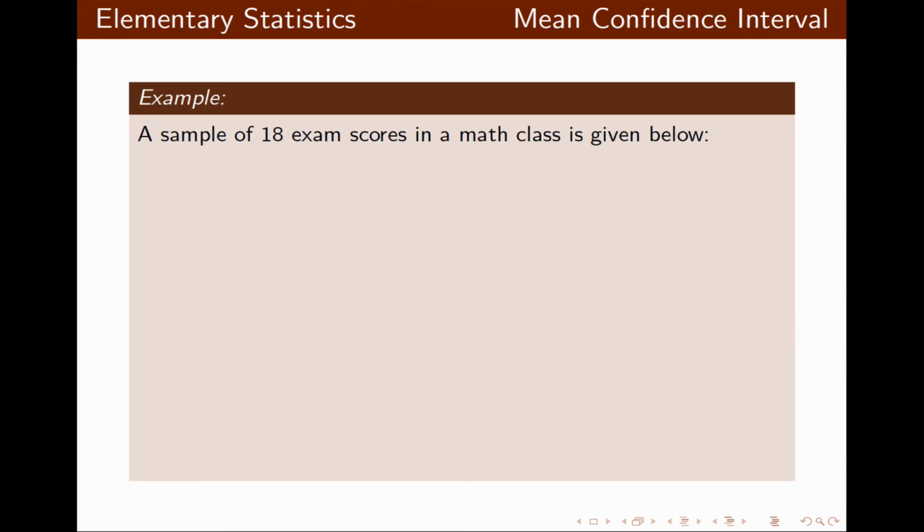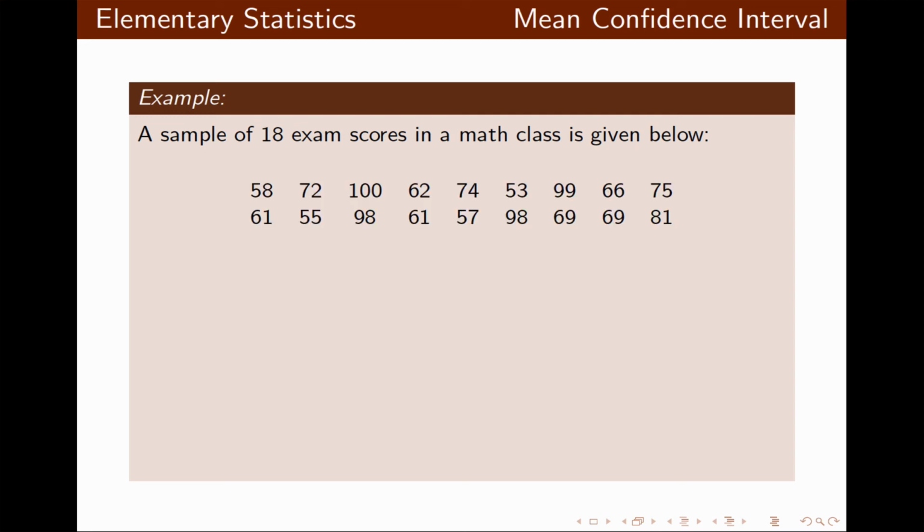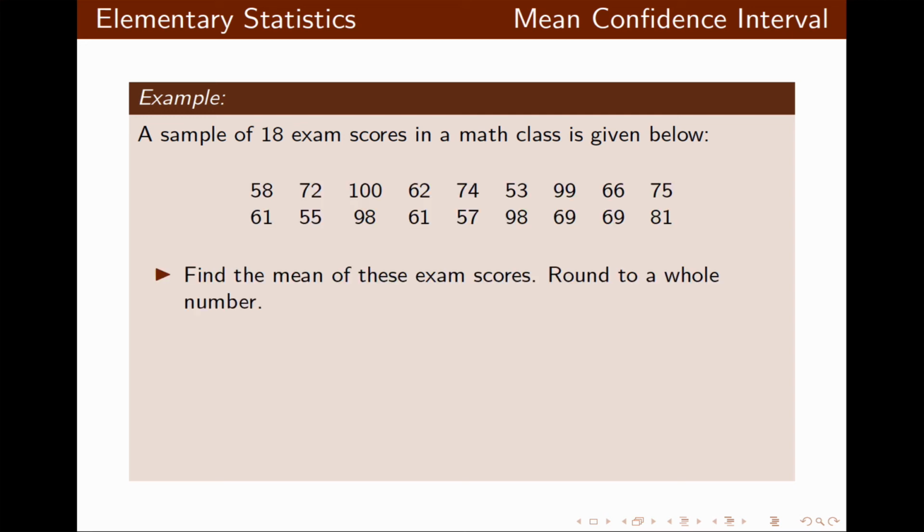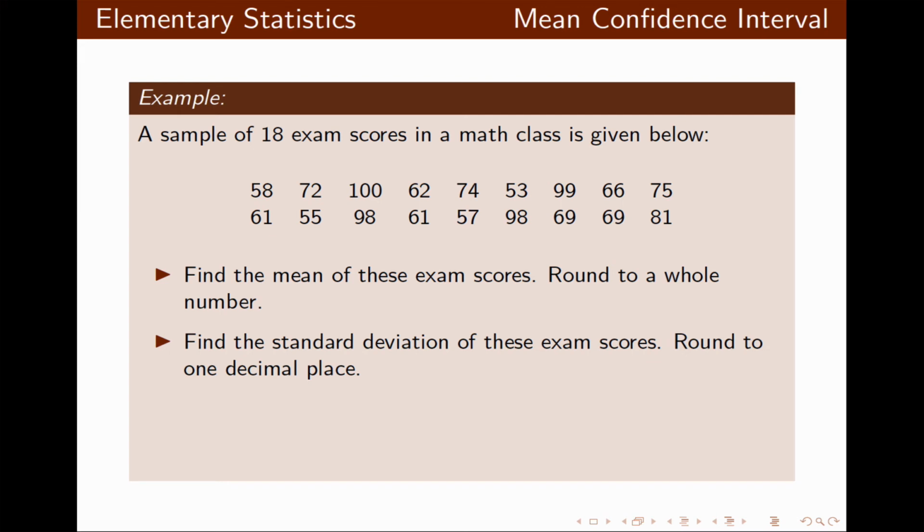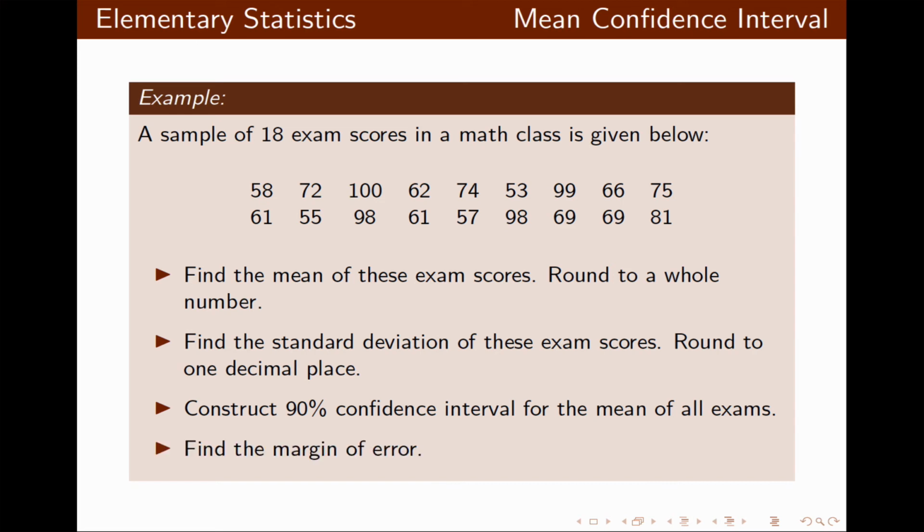A sample of 18 exam scores in a math class is given below. We want to find the mean rounded to a whole number. We want to find the standard deviation rounded to 1 decimal place. Then we want to find a 90% confidence interval for the mean of all exams. And finally, we want to compute the margin of error.